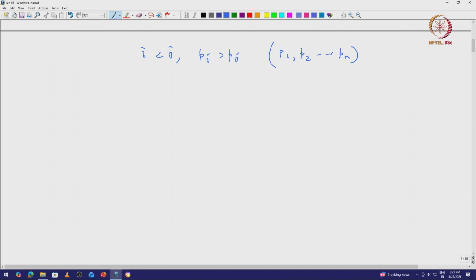This is called an inversion pair. Inversion count is the total number of inversion pairs.